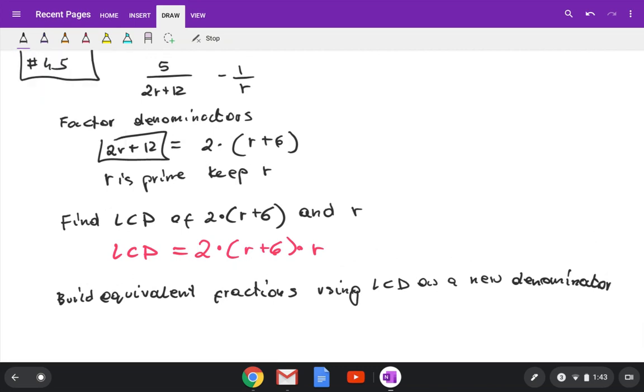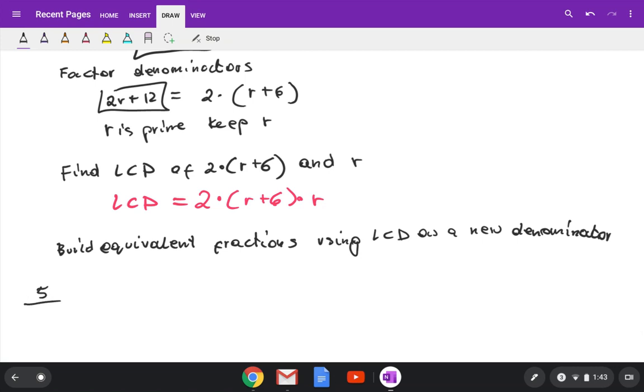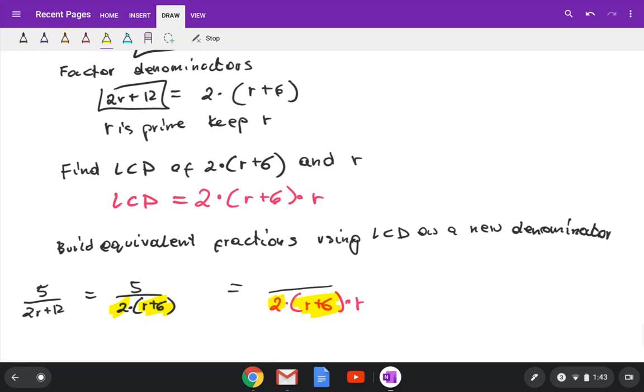Okay, so the first fraction, which is 5 over 2r plus 12, which is the same as 5 over 2 times r plus 6, because we factored that, you need to build an equivalent fraction which has the denominator LCD, 2 times r plus 6 times r. So my original fraction has 2 and has r plus 6. So the only thing which is missing is r.